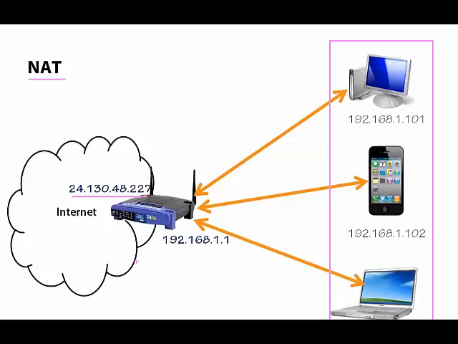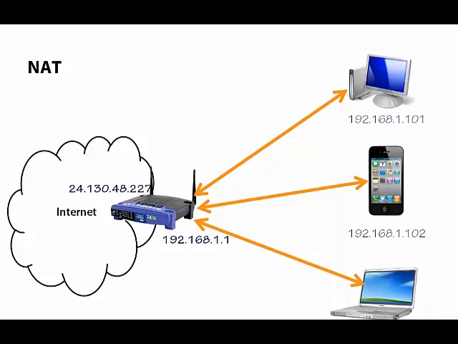One side effect of this is if we were running any type of service we wanted to have reachable on the internet, on let's say a workstation in our home, the incoming traffic to our external IP address is not going to be able to route to that internal IP address unless you set up a specific NAT rule on your routing device that says any traffic inbound for my external IP address route to a specific internal IP address.